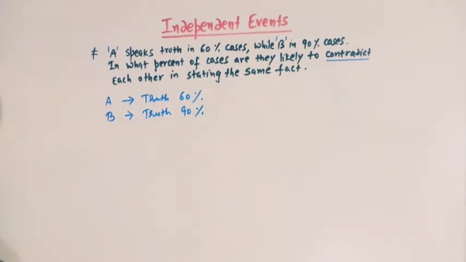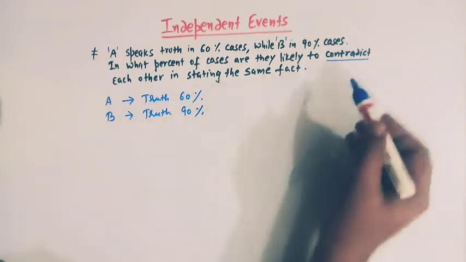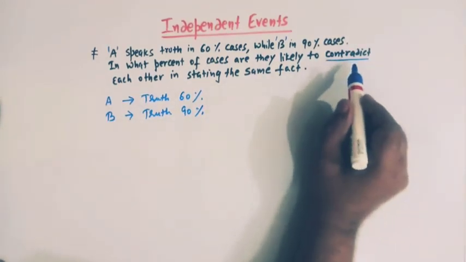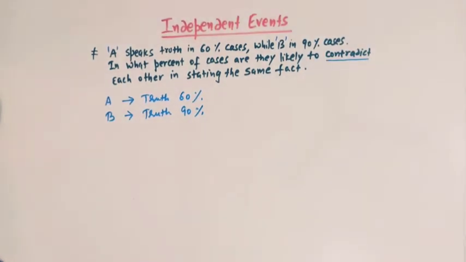Now we have to find the probability that these two persons will contradict each other in stating the same fact. So let us start, but before solving this problem, let us first see the definition of independent events.